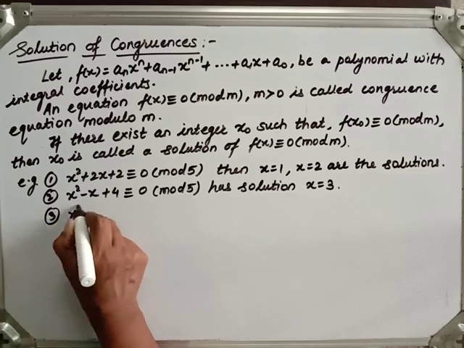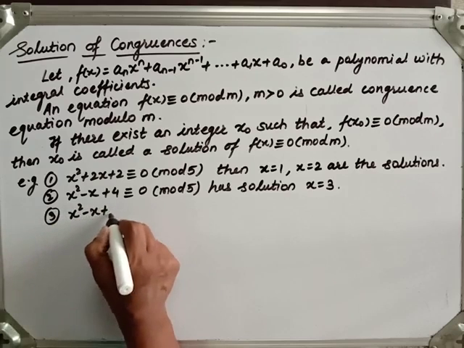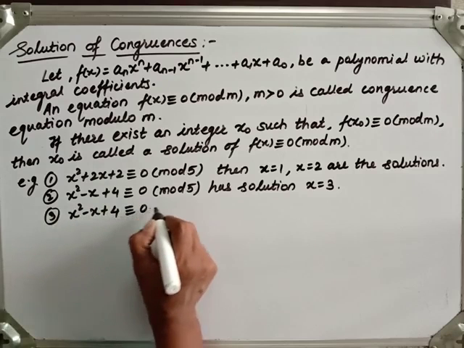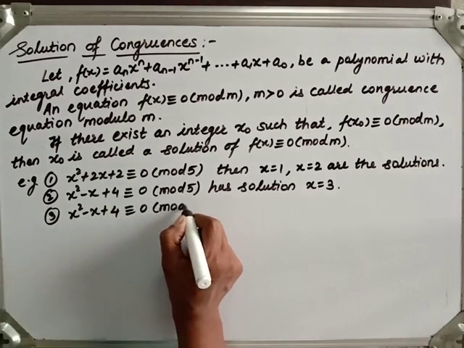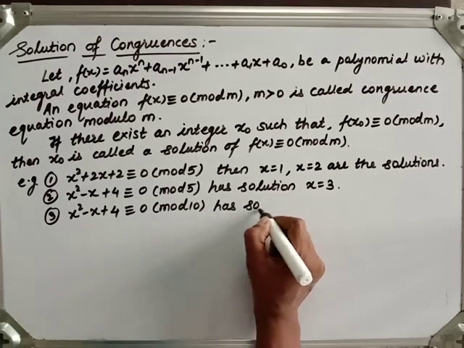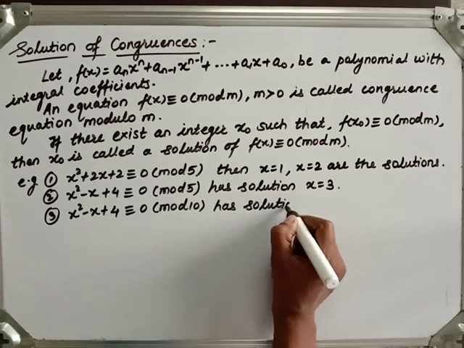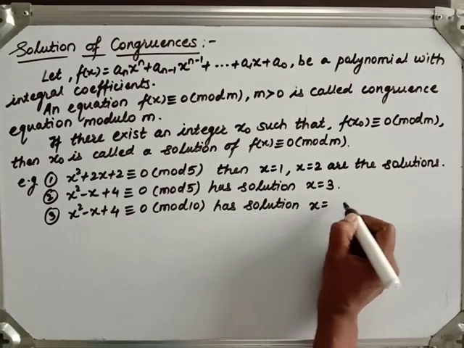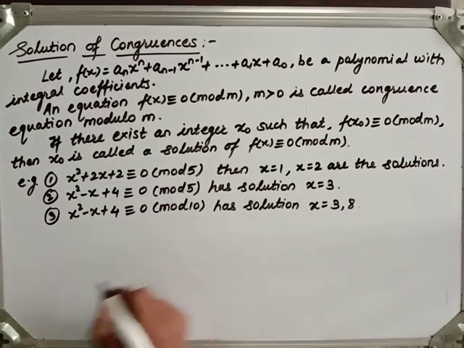Also, x square minus x plus 4 congruent to 0 modulo 10 has solution x equal to 3 and 8.